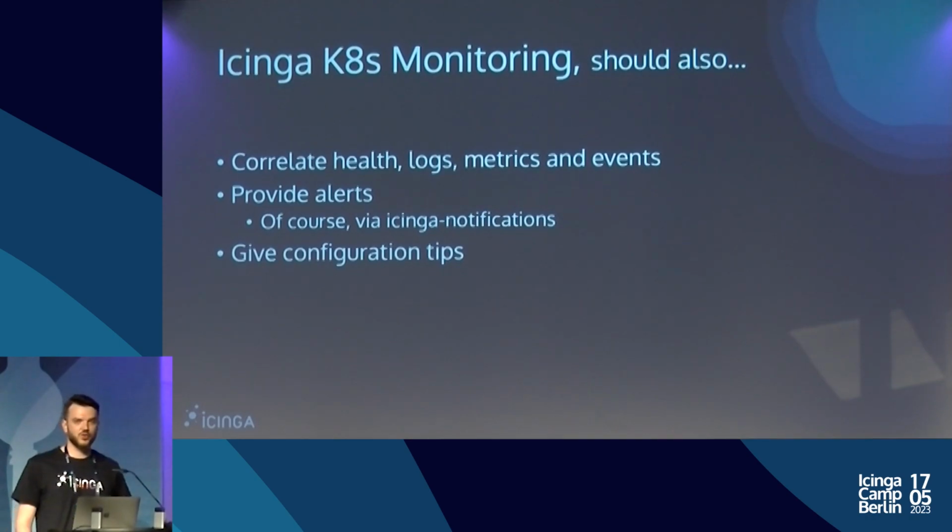And the monitoring could also give configuration tips. There's a lot of stuff you can do wrong in Kubernetes. For example, you could open node ports for no reason. You could have no load balancer where it should make sense, or too many load balancers instead of a shared one. There's cool stuff called affinities and anti-affinities. For example, if you say my application has to run at least three times, Kubernetes may deploy those three instances to the same node if it has enough resources.